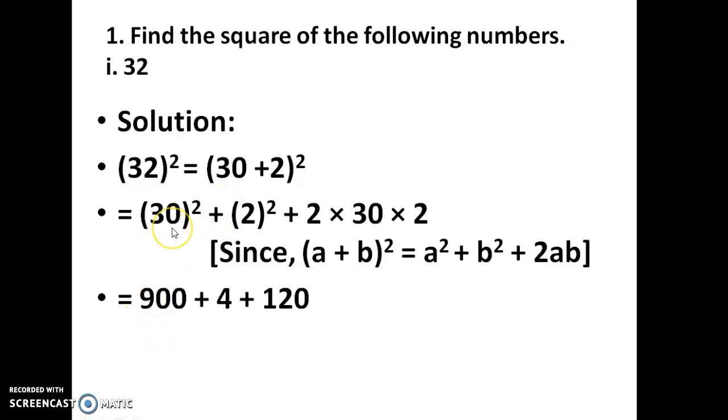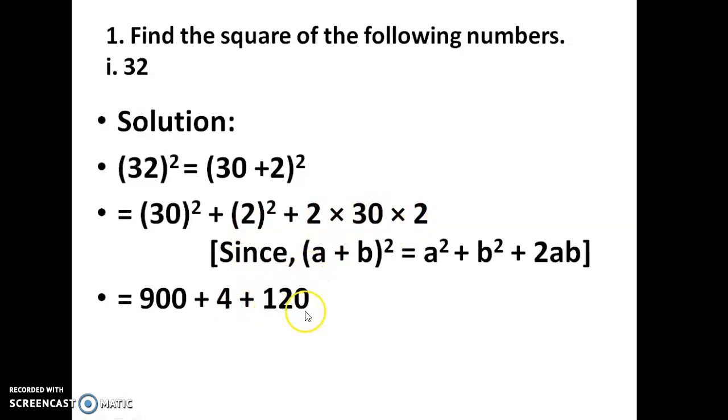Then you have one 0. If you square it, it will be doubled, so you will get 2 zeros. So 30 square can be mentally calculated and written as 900. Then 2 square is 4. Then 2 into 30 into 2.